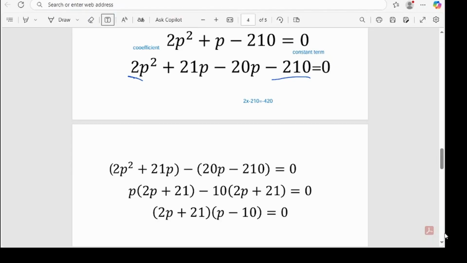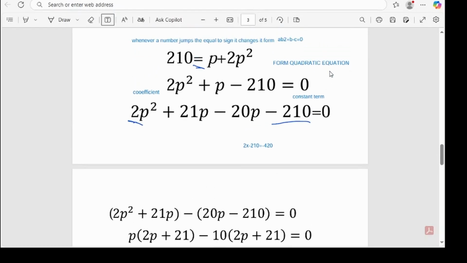So p stands on its own, so indirectly it is 1 because it's just p.